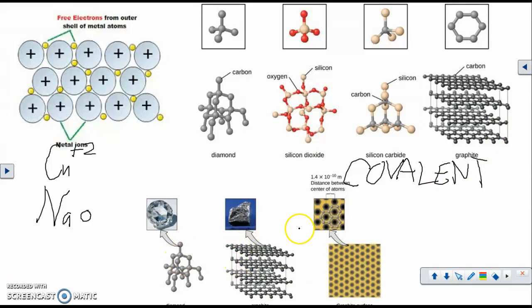The only difference is that in the graphite structure, the covalent bonds are linear. So they are, in this case, pleated in lines. Whereas if you look at the diamond structure, they're connected three-dimensionally. It's not connected just two-dimensionally, it's also connected three-dimensionally.